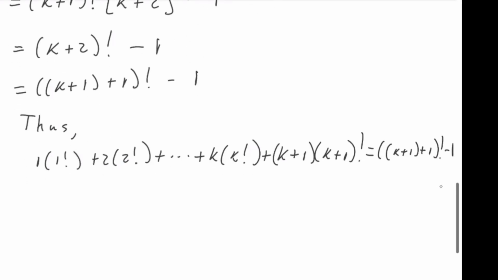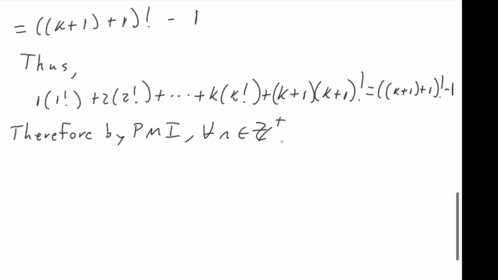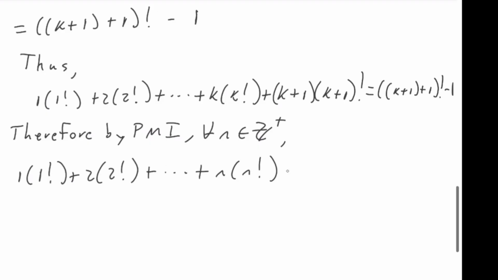Okay? Therefore, by PMI, for every n that's a positive integer, we know 1 times 1 factorial plus 2 times 2 factorial plus dot dot dot plus n times n factorial is equal to (n plus 1) factorial minus 1.